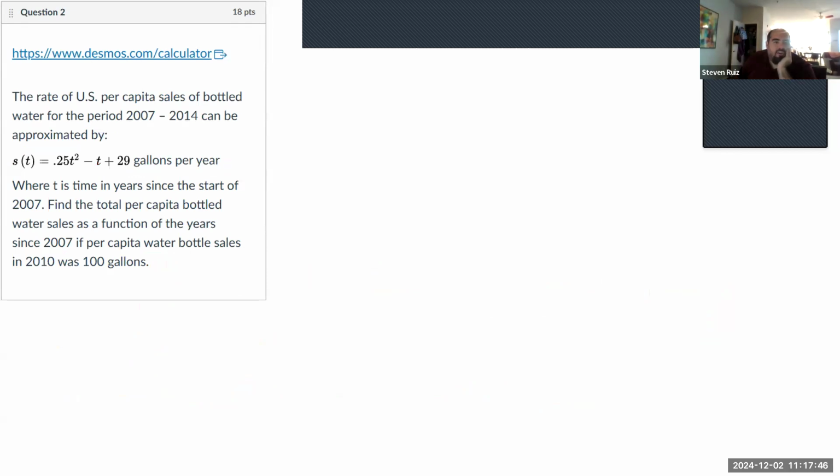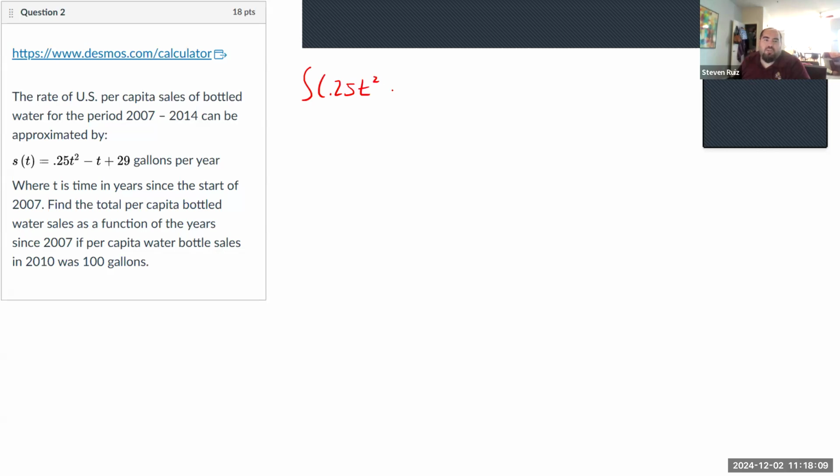Just like the last question, we want to find this as a function. So if we want to go from a rate of change function to some kind of accumulation function, that involves an antiderivative. That involves an indefinite integral. So again, I want to take an antiderivative of the rate of change function.